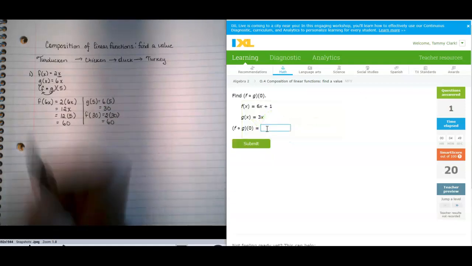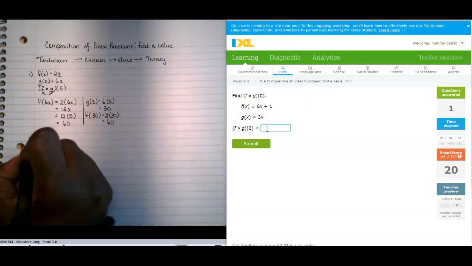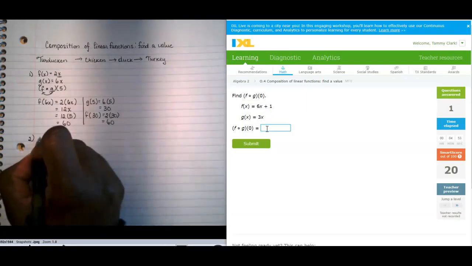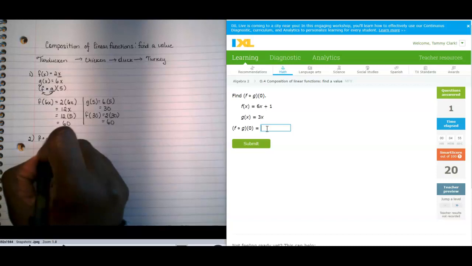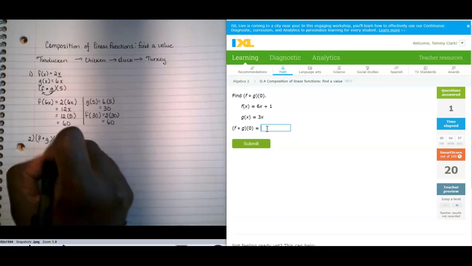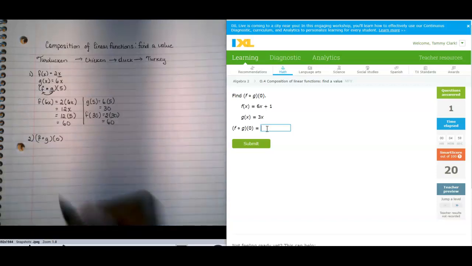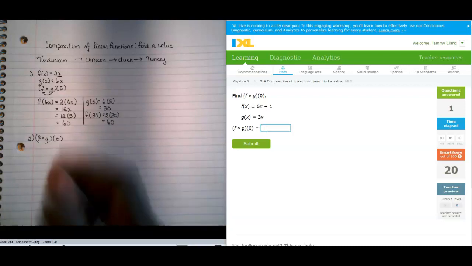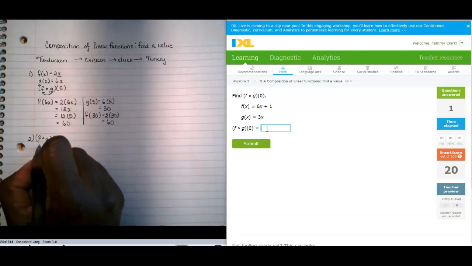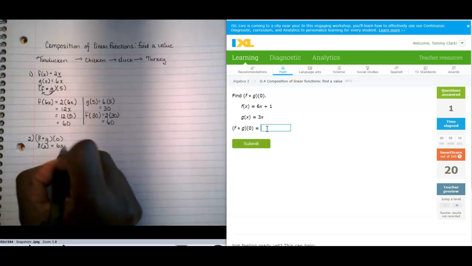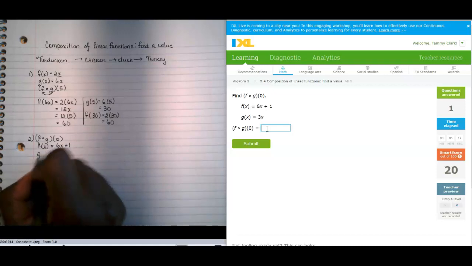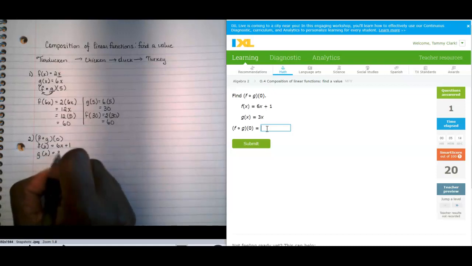All right, let's look at number 2. So I've got find f of g of 0. So again, I'm taking g and putting it inside of f. I'll just write down what it says here. f of x is equal to 6x plus 1. g of x is equal to 3x.